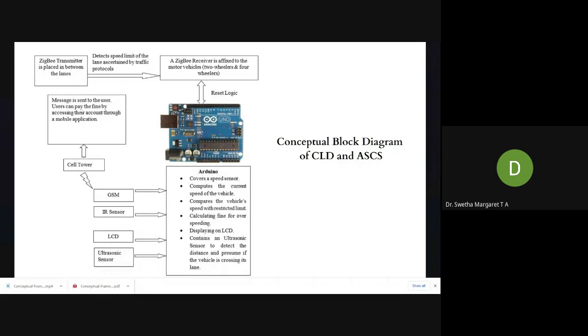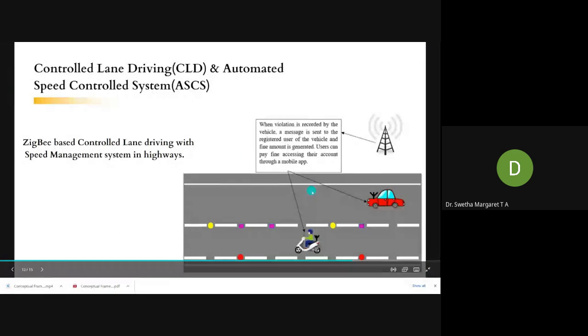So for this CLDS and ACS, we have planned a pattern which will have a Zigbee transmitter, and this will be placed wherein the speed limit has to be captured.